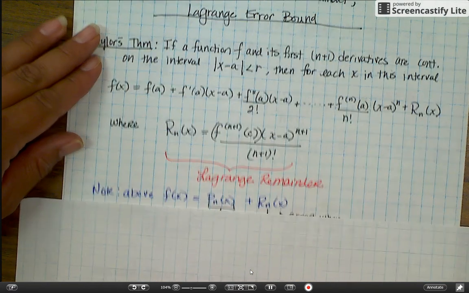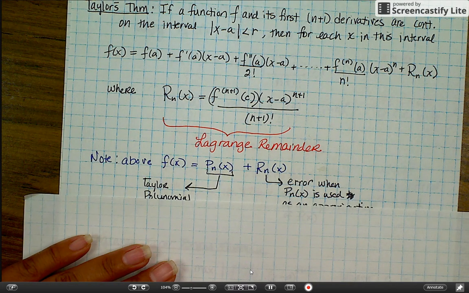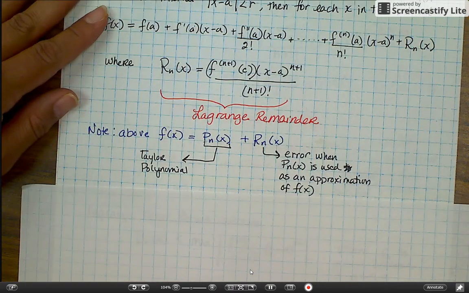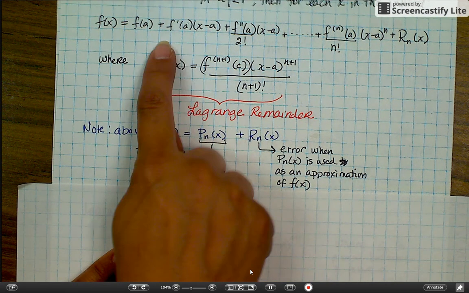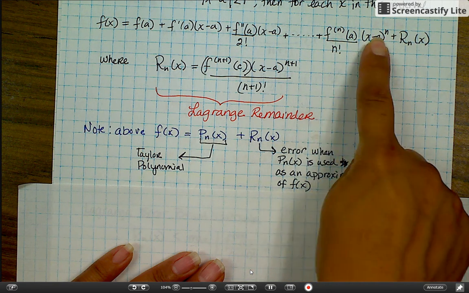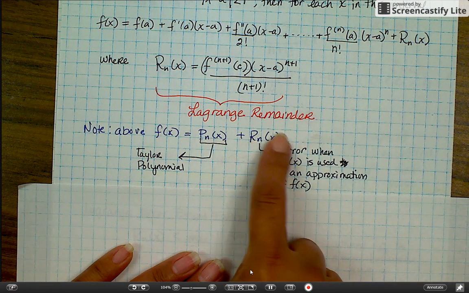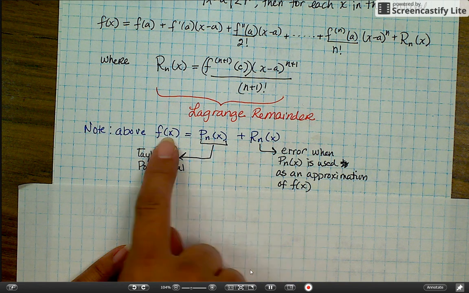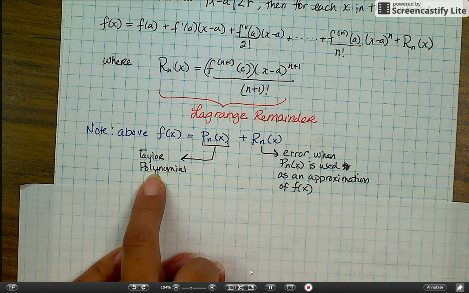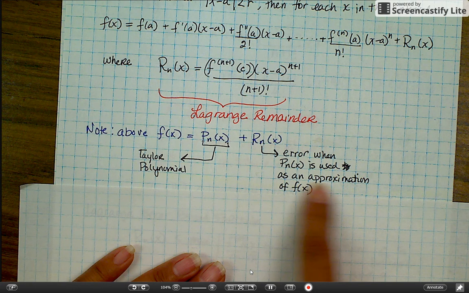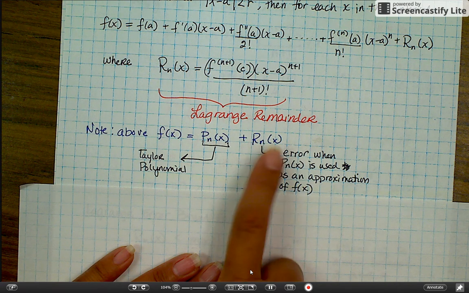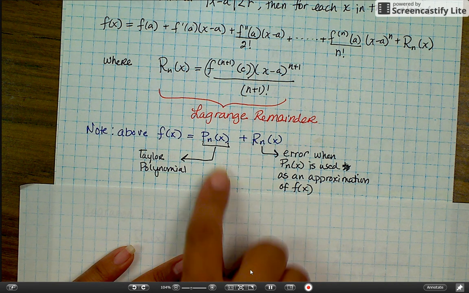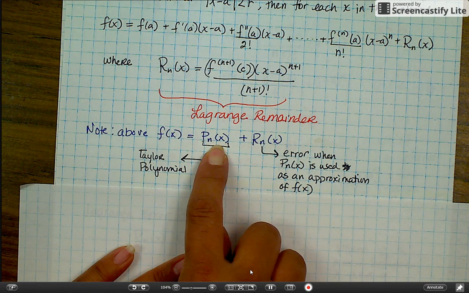So you know there's an infinite number of terms in your Taylor series. So essentially, if you are using a Taylor polynomial of degree n, which would be basically this first part right here, plus the rest of your Taylor series, that would equal your f of x. So this is your Taylor polynomial, and this is the rest of it, okay? Now, this part right here is the error that you would get when using this polynomial to approximate your f of x.